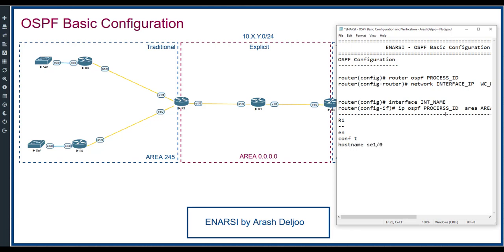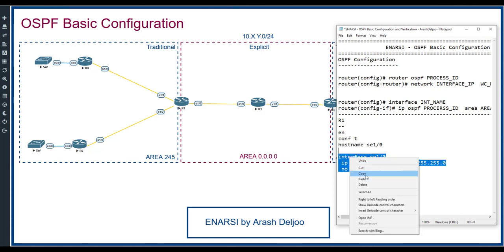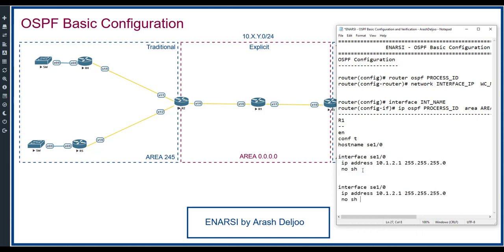That's it. We should first configure interface serial 1/0, the IP address of the serial 1/0, 10.1.2.1, 255.255.255.0, and then no shutdown. This is the first interface. Let me configure the next interface. Interface serial 1/1.